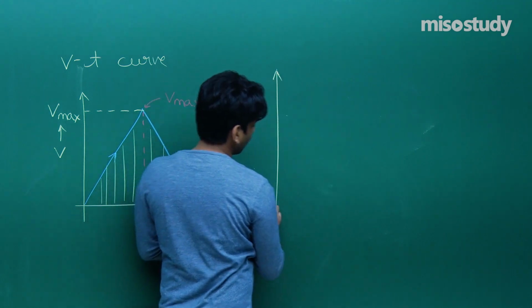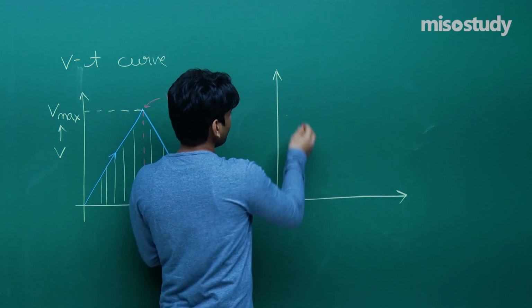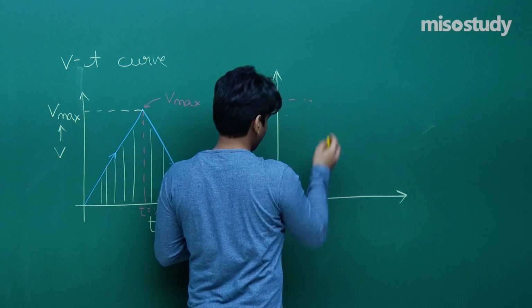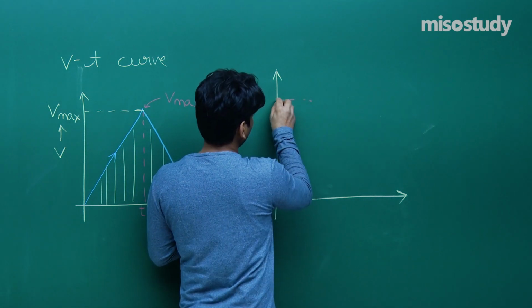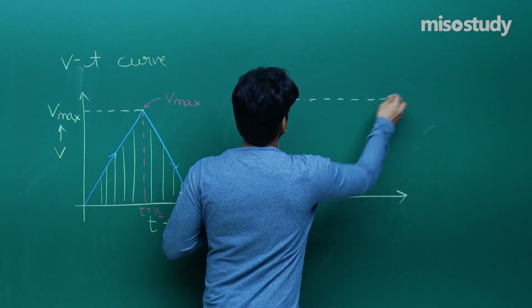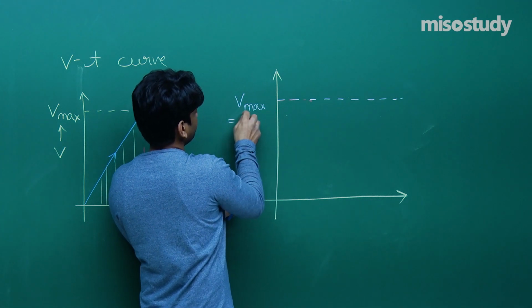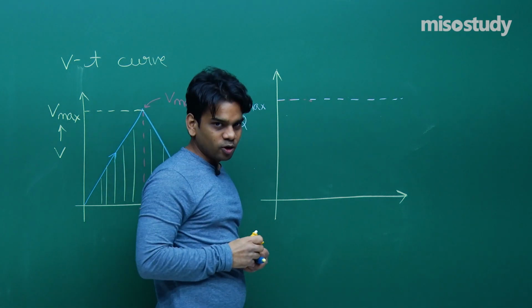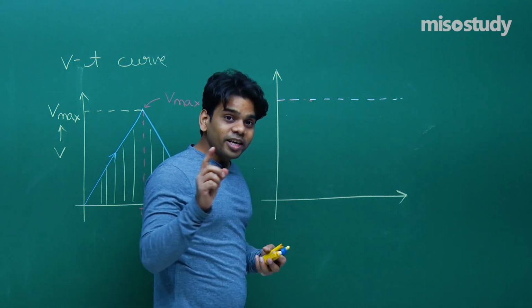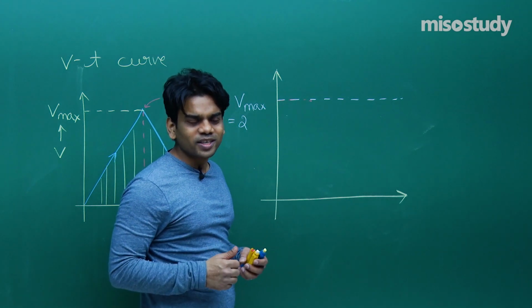Now I am going to draw again a VT curve, but this time in a different way. Let's say this horizontal line that I am going to draw here depicts the maximum velocity V max, that is 2 meter per second, or magnitude 2. Now see, from t equals 0 to t equals half that we've assumed, the particle velocity was increasing.